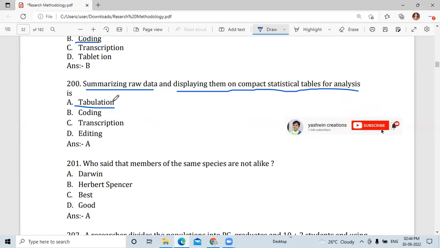We collect all the data, summarize it, and display it in compact statistical tables for analysis. That is tabulation.